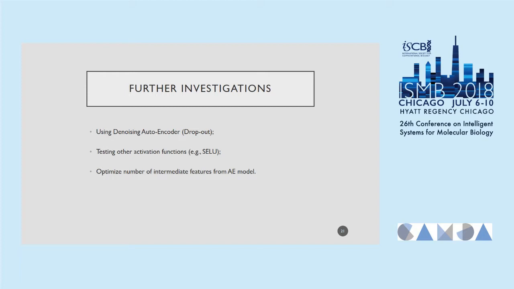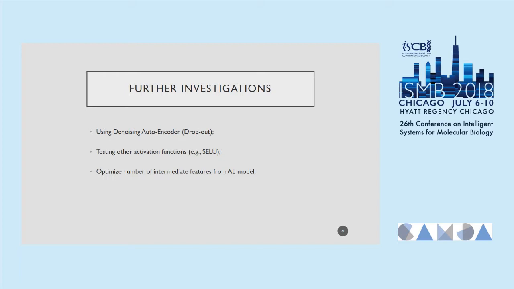Okay, so after I submitted my model, I got some suggestions from the CAMDA reviewers, and they were very helpful. Based on their suggestions, I further tested some improvements of my model. That's quite trivial, but takes a lot of time. First, I used the denoising autoencoder instead of the regular autoencoder, which means we have some dropout layers inside the autoencoders.